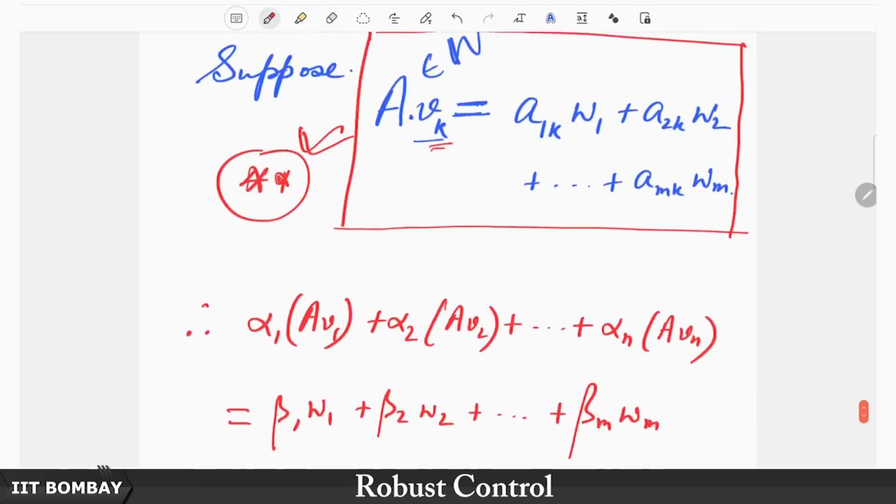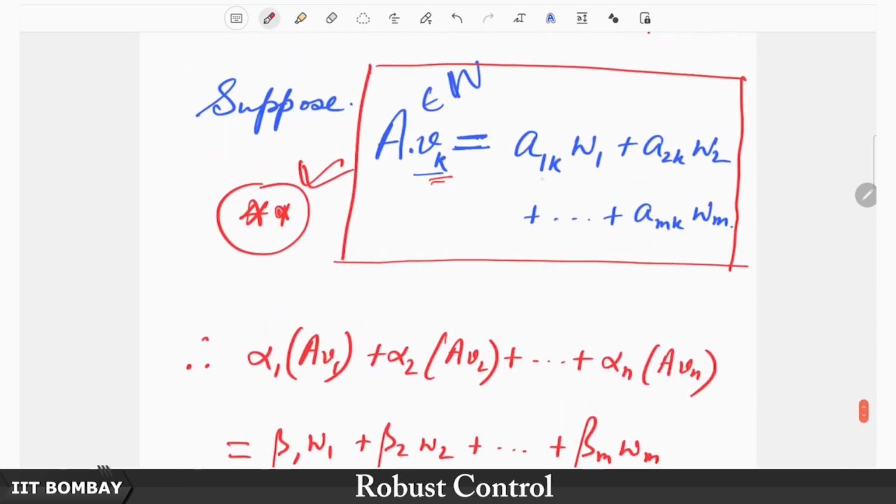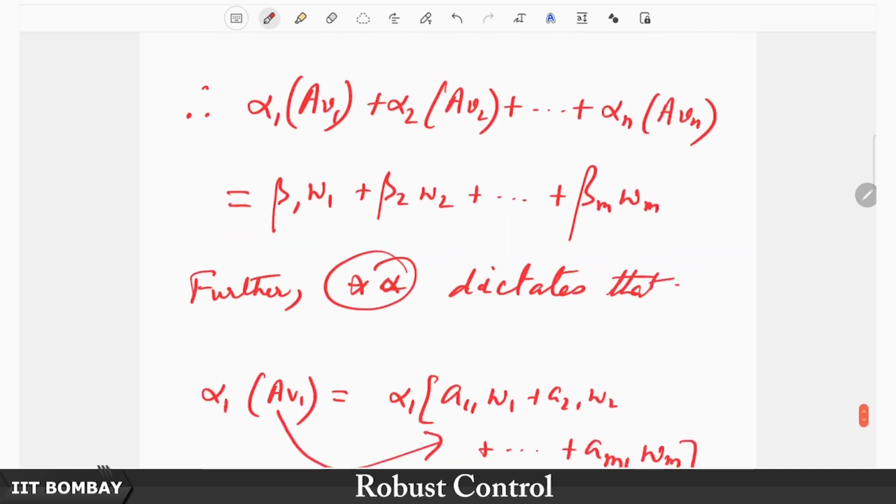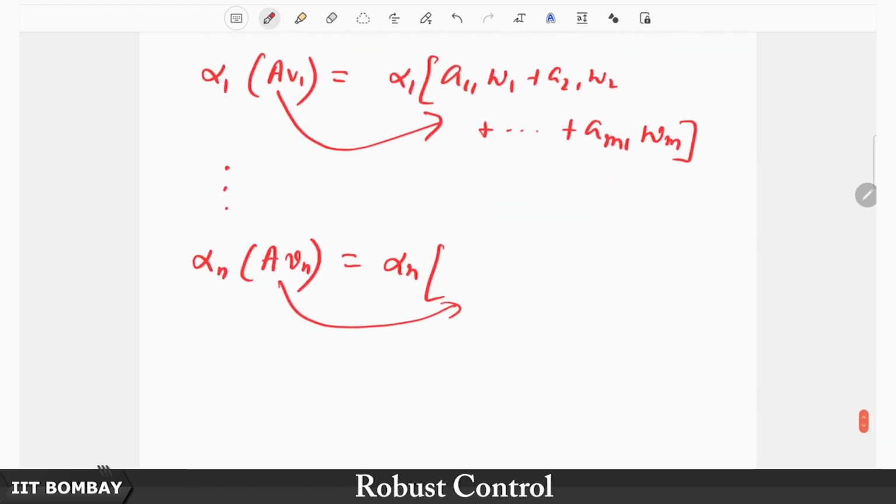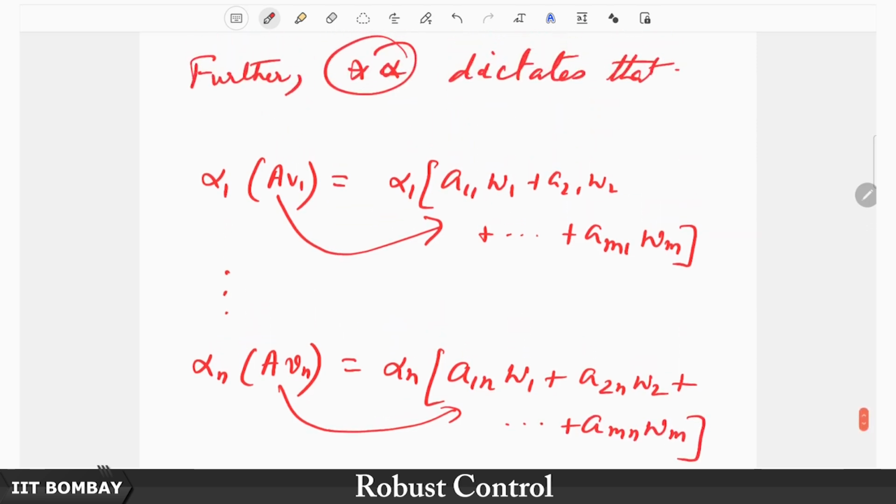So, remember what is this expression? The first one is the running coordinate, running variable. So, A 1n W1 plus A 2n W2 plus dot dot dot till A mn Wm, all right.